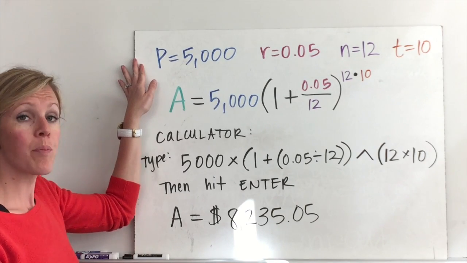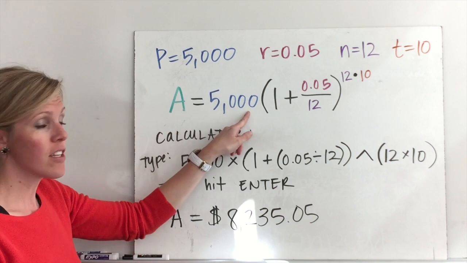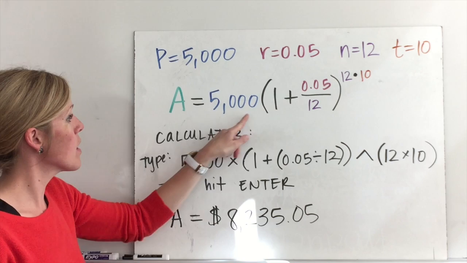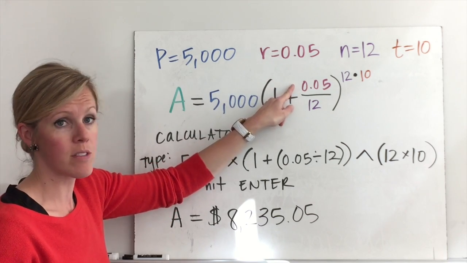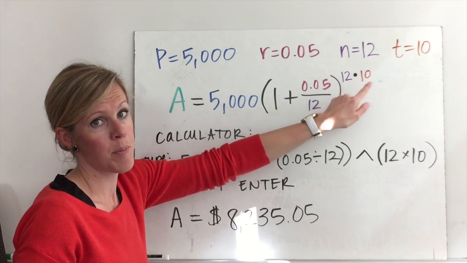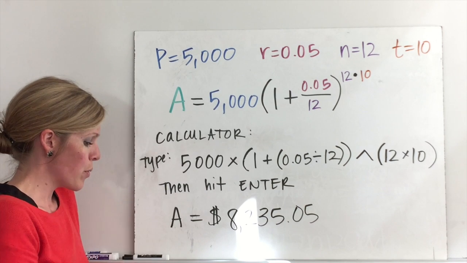Okay, so now we're going to plug those numbers that we identified from the problem on the previous slide into our equation. You can see where P of 5,000, we're putting that value in, 1 plus our rate of 0.05 divided by N of 12, raised to the N times T. Now, when you are typing this into your calculator, it's very important.